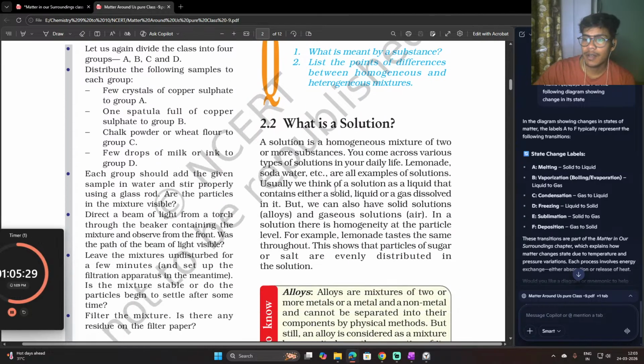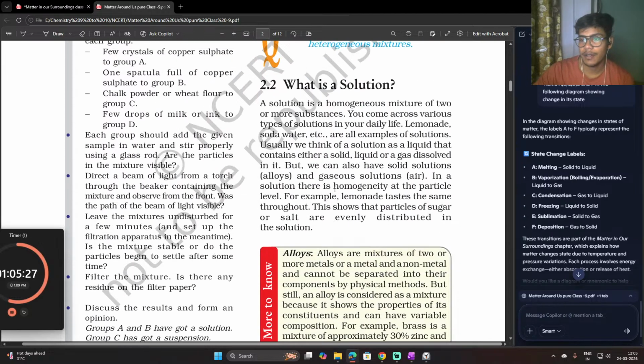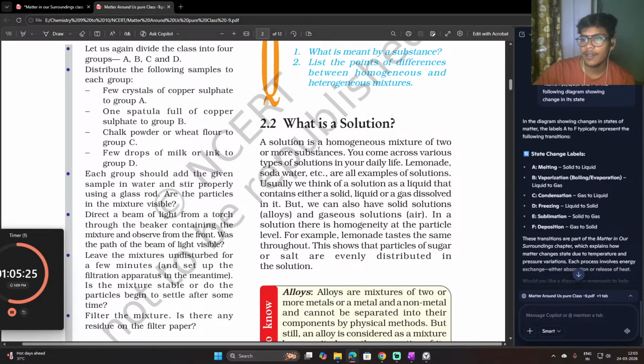So now we come to what a solution is. A solution is a homogeneous mixture of two or more substances. Why do we call it a mixture? Because mixture means where we mix two or more products into a single one.